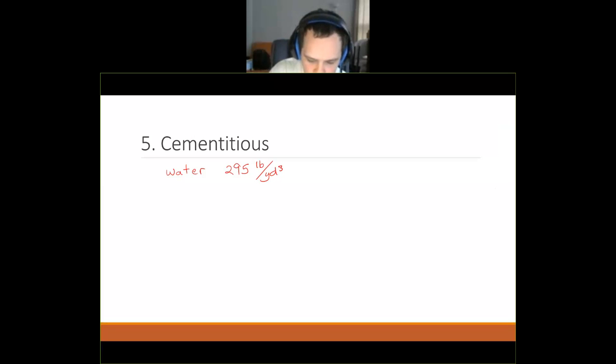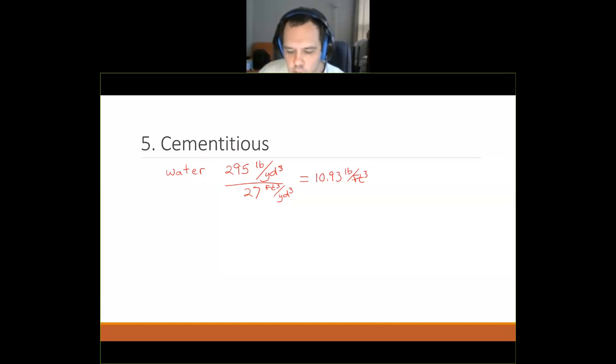To make this a little easier on myself, I'm going to divide it by 27. Why 27? Because there are 27 cubic feet in a cubic yard. That's going to give me a water content of 10.93 pounds per cubic foot.